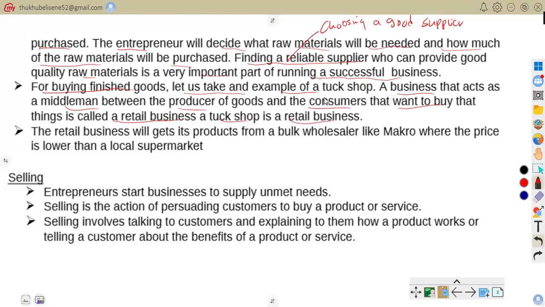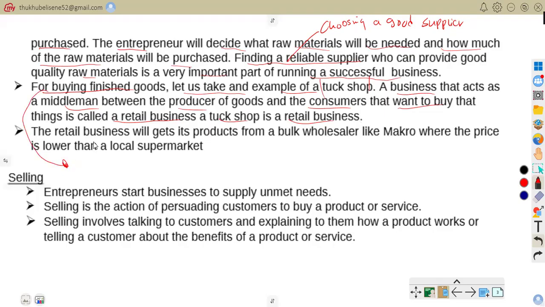Here we're talking about buying of finished goods. Like they are saying, retail businesses buy completed products and resell them to consumers. That is buying of finished goods.